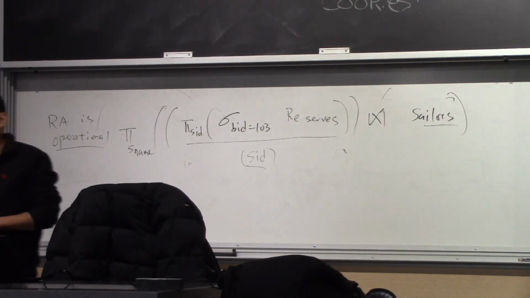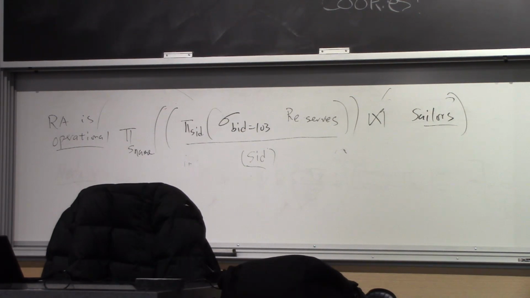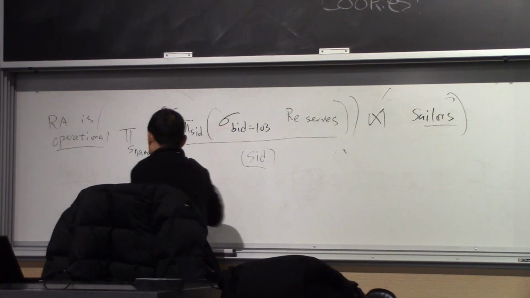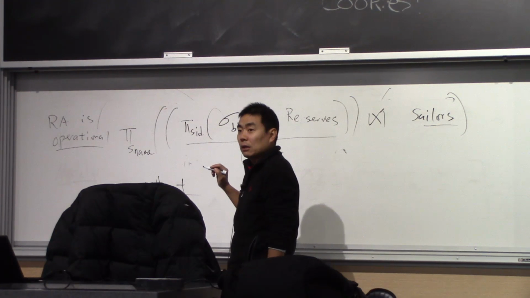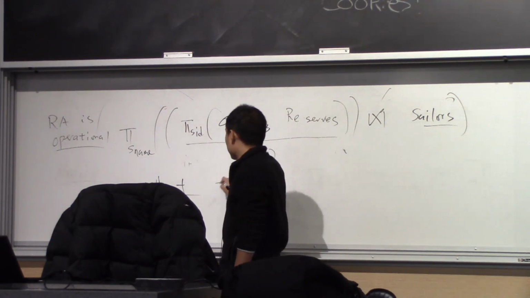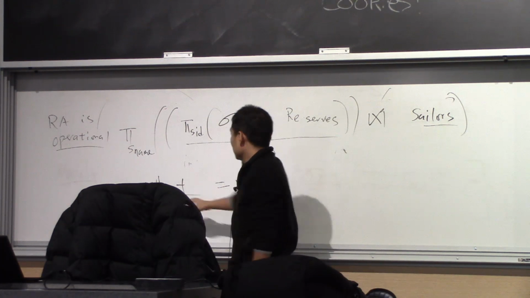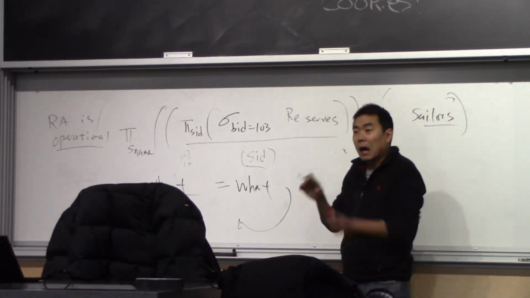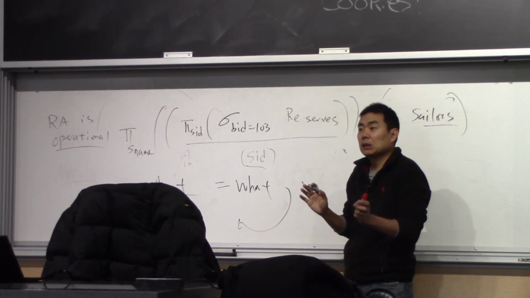Okay? And if you compare this approach against the approach presented on this particular slide, they deliver what you want. The what is the same, actually. What here is the same as what in the slides. But how you do it is different.